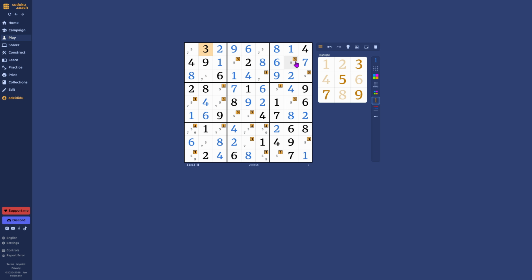So, number 3. Skyscraper, but doesn't help. This with this. Yes, we have a skyscraper. What is a skyscraper? On this row, we have a strong link formed by these two 3s, and on this row, we have another strong link formed by these two 3s, and they are also linked on this column.